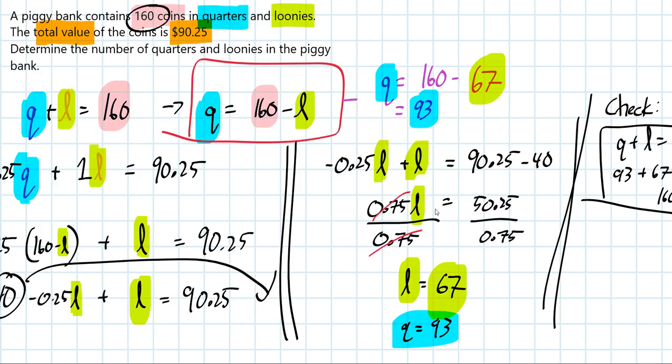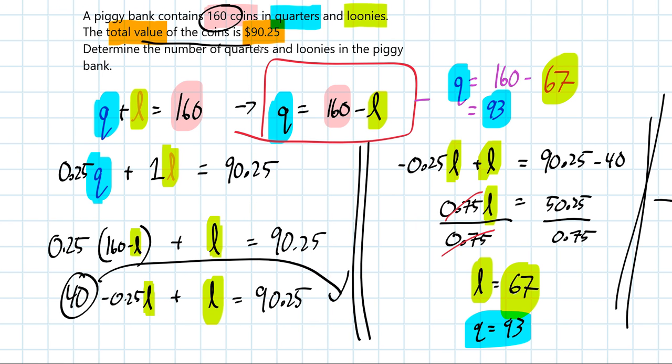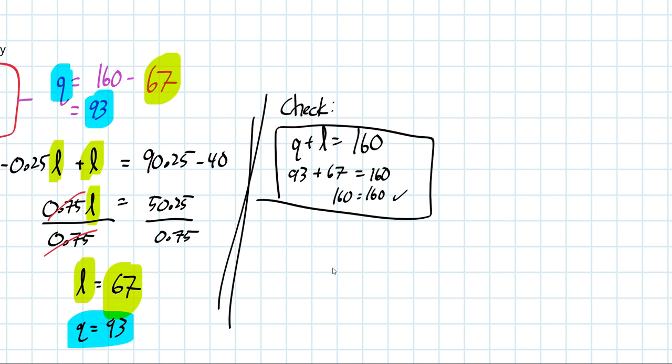Let's check for the other piece they gave us here. They said the total value of the coins is $90.25. So if I take 0.25, a quarter's worth, 25 pennies, whatever, times the number of quarters I have, each quarter is worth 25 cents, and I add in $1 times the number of loonies that I have, that should get me the $90.25 that they told me.